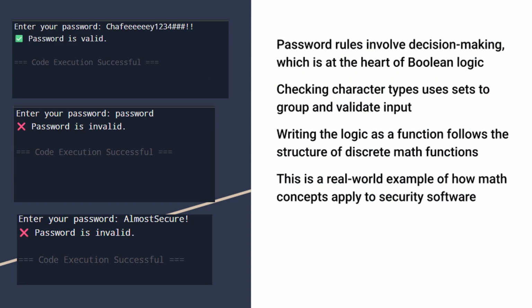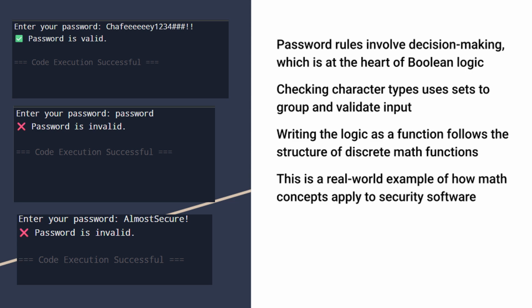So there you have it. We have 3 examples of how I use the code for checking passwords. On my first example, we have a very, very strong password. No one would be able to guess it, of course, because it meets all of the rules. Then on our second example, very easy, very common, of course.